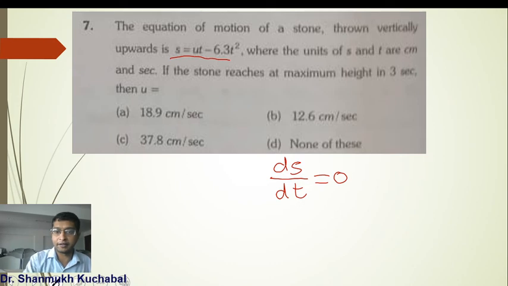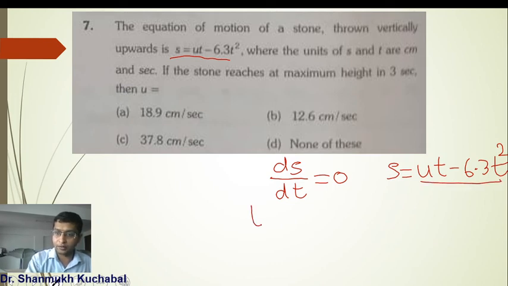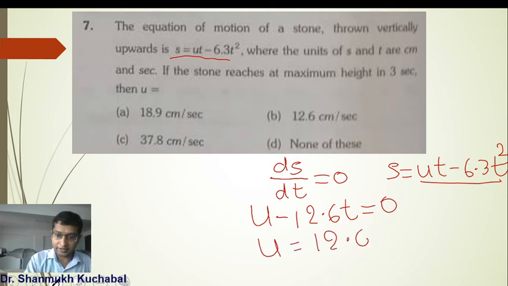Here s is given, so I am writing s equal to ut minus 6.3 t square. Finding the differentiation of this, we get u minus 12.6 t equal to 0, since the differentiation of 6.3 t square is 12.6 t. Then the negative quantity we transpose, and we get u equal to 12.6 t.